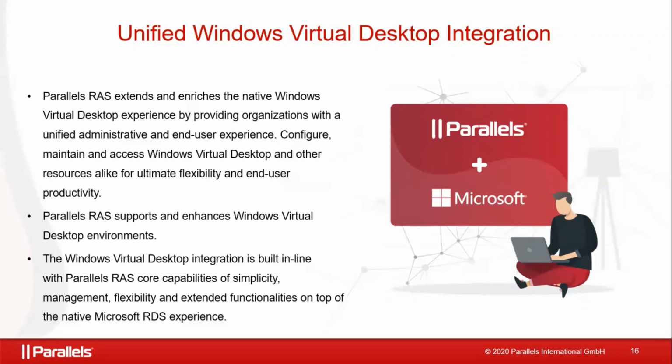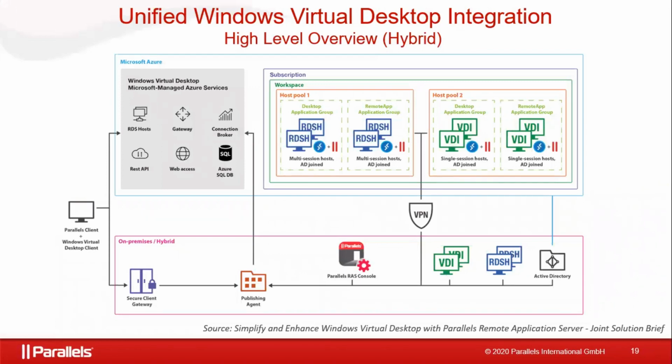You can control the user, control which applications the user is allowed to access, and we also enhance security. You can support MFA, and all connections to the remote desktop are secure. That's why we use Parallel RAS plus the RDS solution.